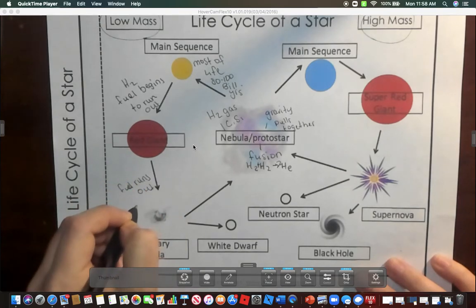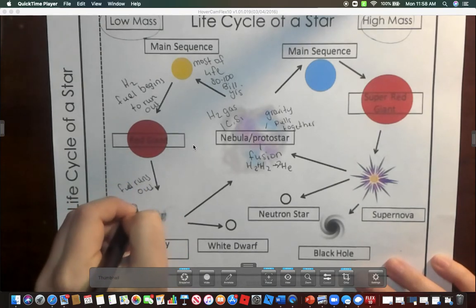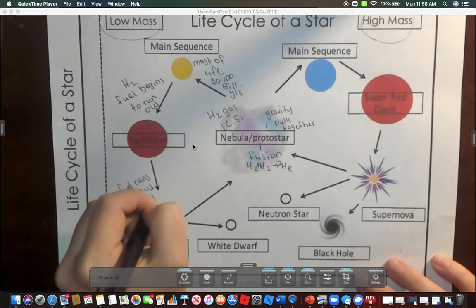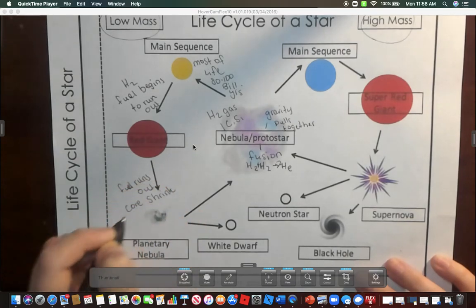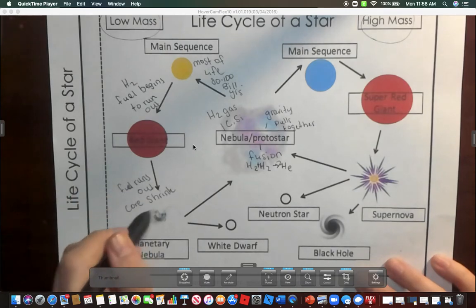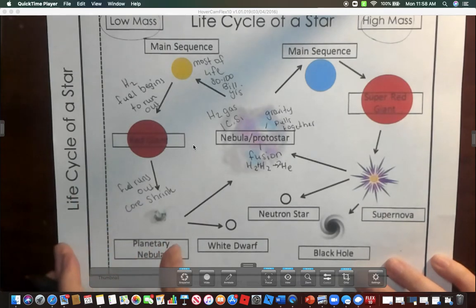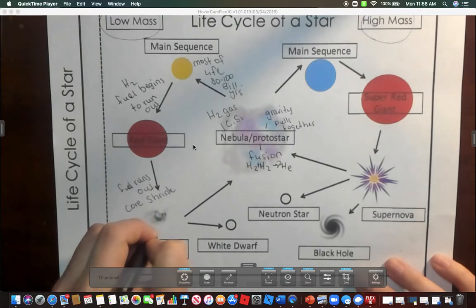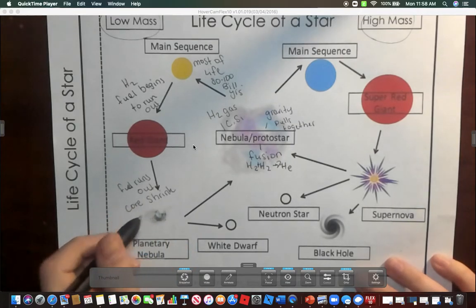When the fuel runs out, the core will shrink. And when the core shrinks, we can end up back with a planetary nebula. Basically, there is no more hydrogen and helium to fuel, and the star turns back into a nebula of gas and dust right here.